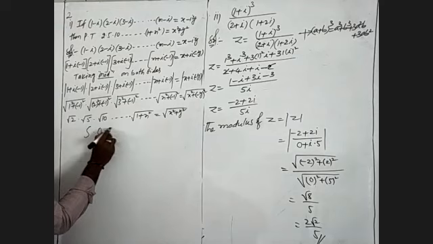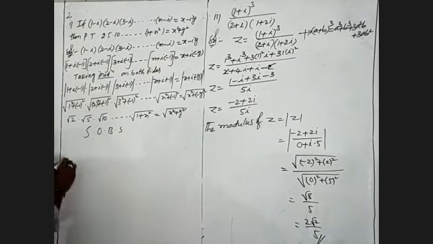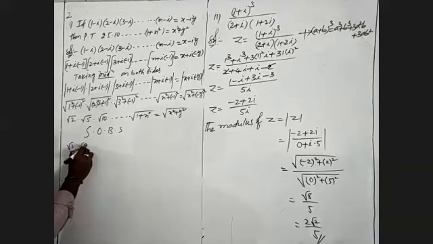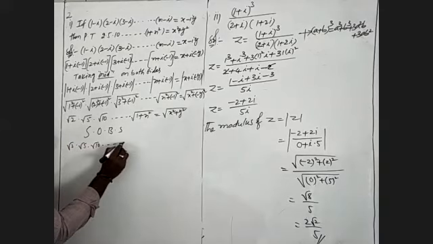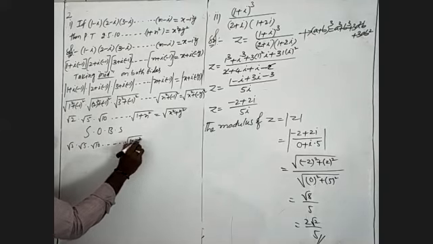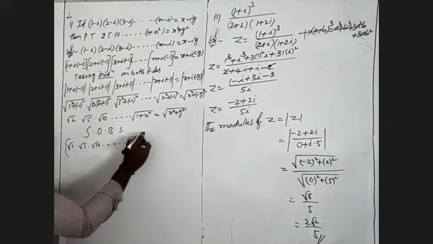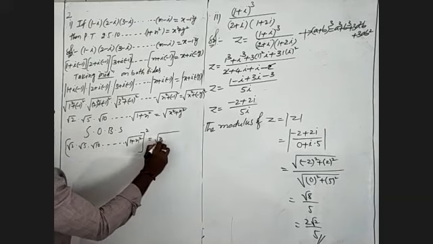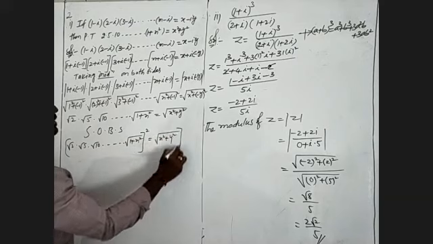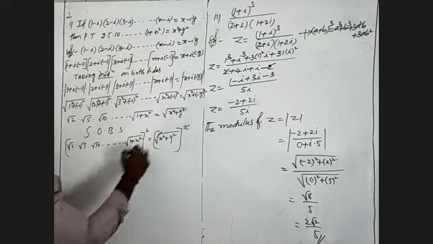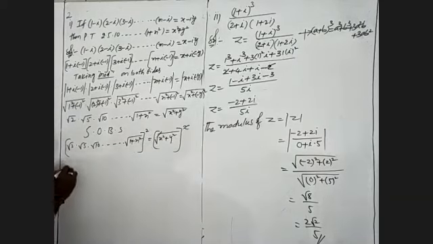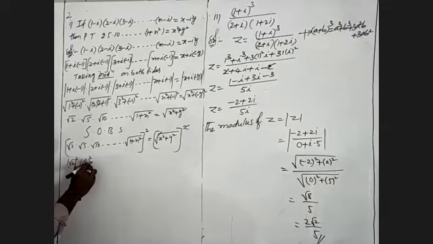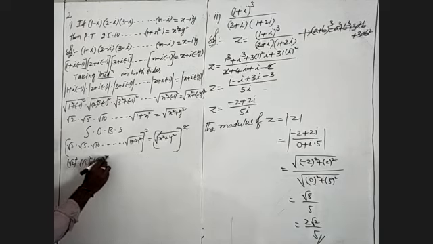Here, squaring on both sides, we will get root 2 into root 5 into root 10 and so on up to root of 1 plus n square, whole square, is nothing but root of x square plus y square whole square, where square and root will be cancelled. We have to expand in this one: root 2 whole square, root 5 whole square, root 10 whole square.